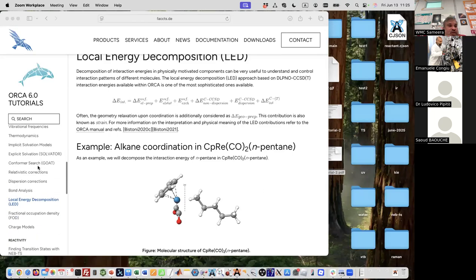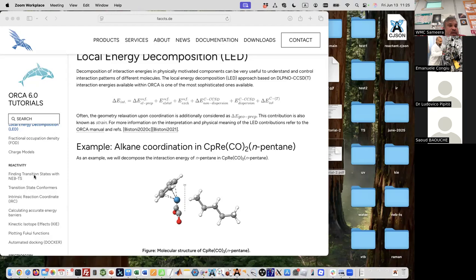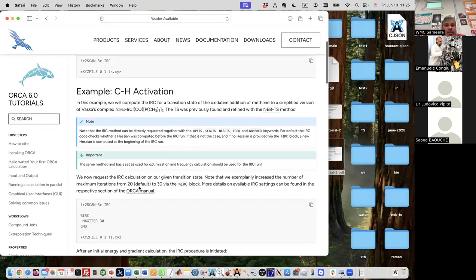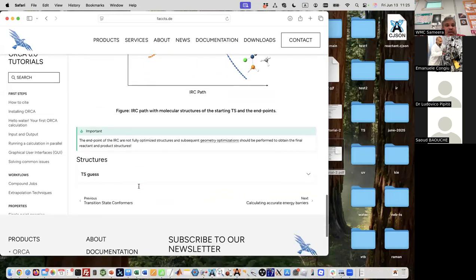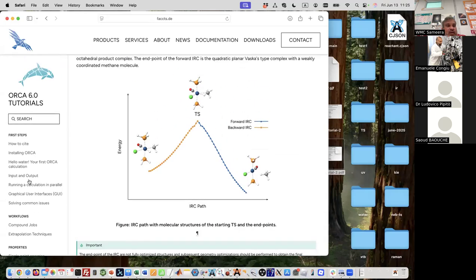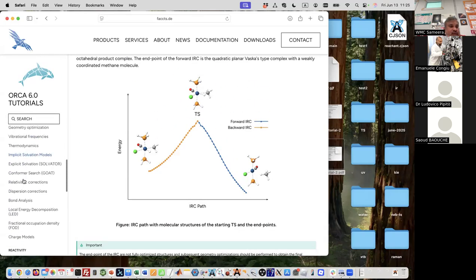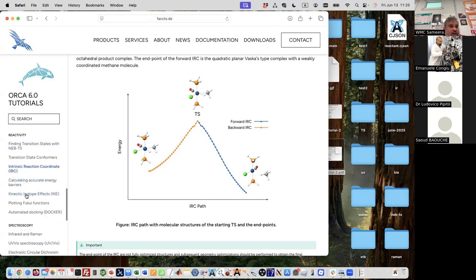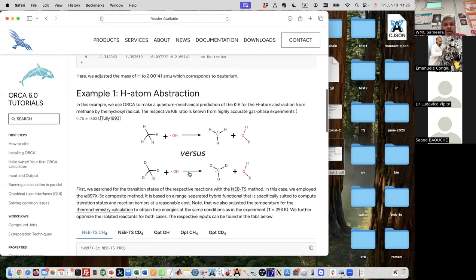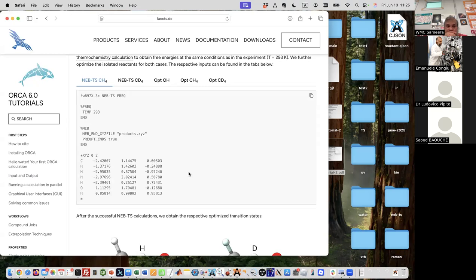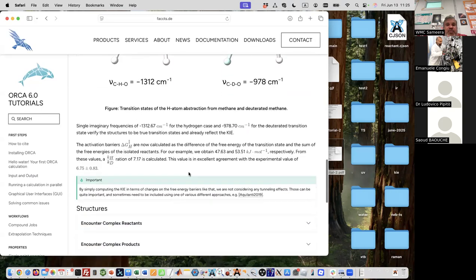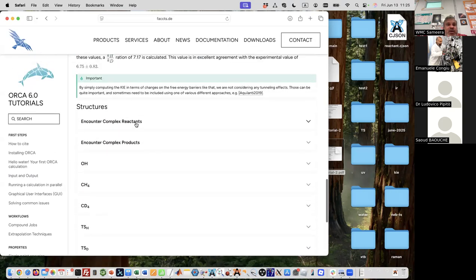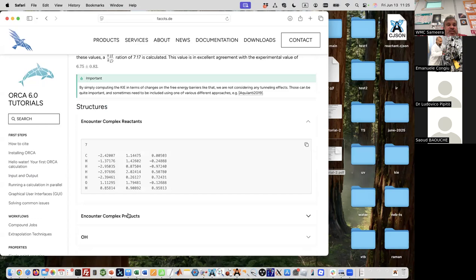If you go to the tutorial and find kinetic isotope effects, here you can see the approximate reactant, encounter reactant, and encounter product structures.